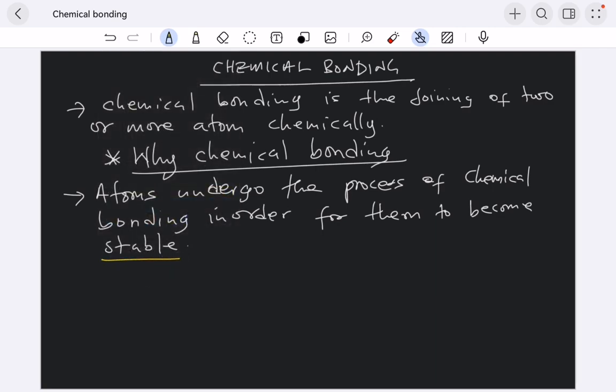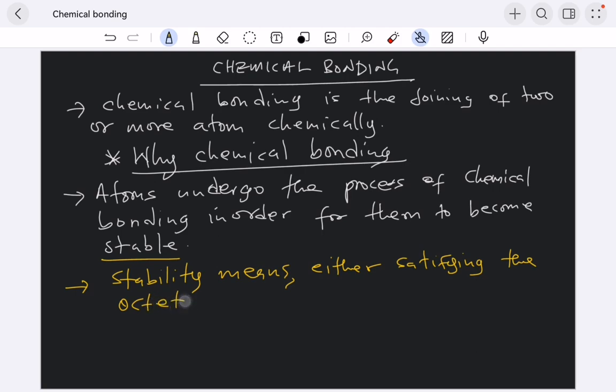What does stability mean? Stability means either satisfying the octet or the duplet rule.